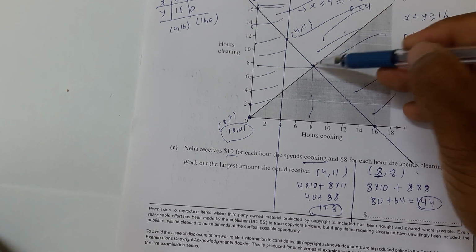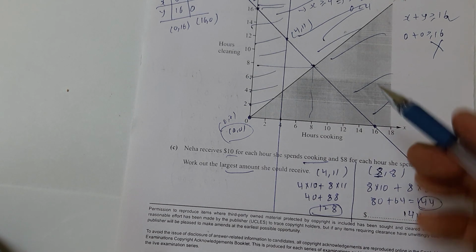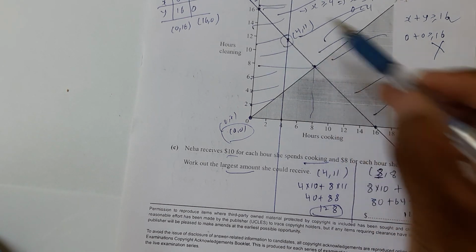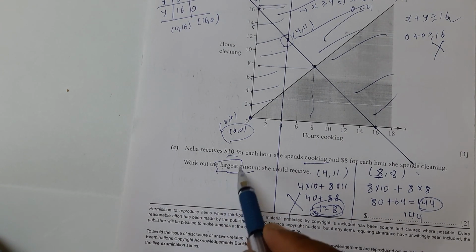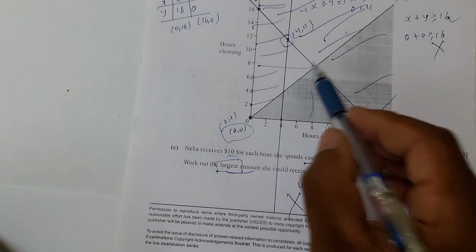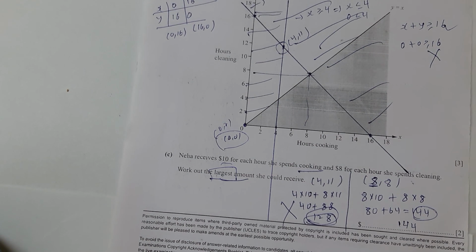For this point you are getting the largest amount. So this is the answer, $144. Most students get carried away, they take this point. This will be wrong. He clearly mentioned it has to be the largest. For this point you are getting the largest amount, so that is the answer. Okay, this paper is completed. Thank you.